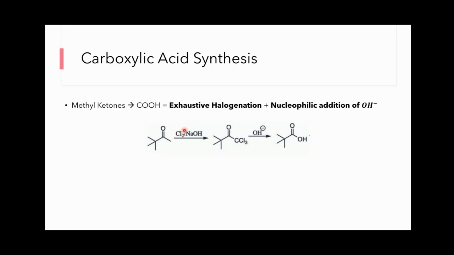It could be Br2 or Cl2, but basically you bombard this carbon with halogens. This makes it a good leaving group where the OH can do an SN2 attack and replace it with an OH.